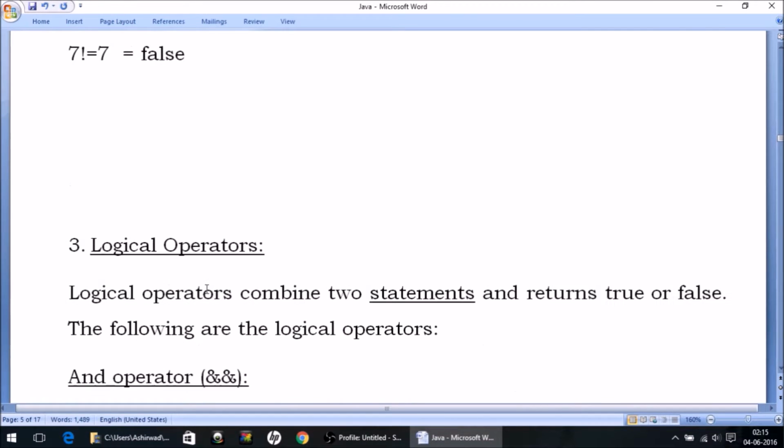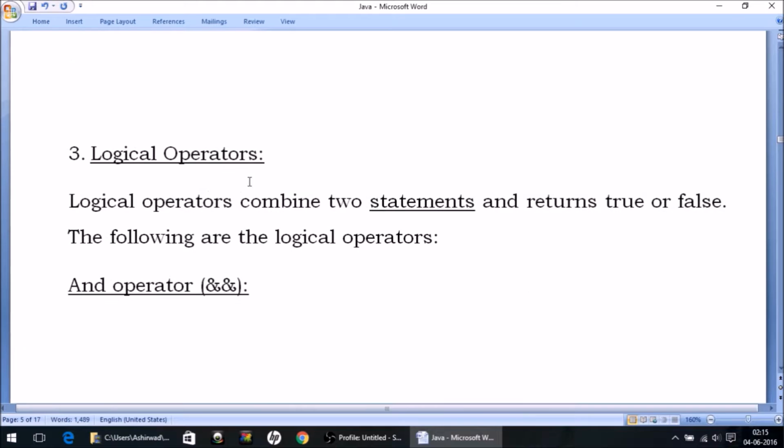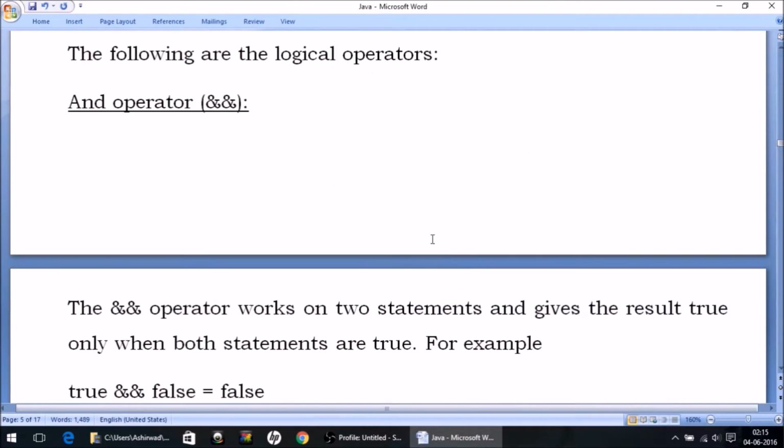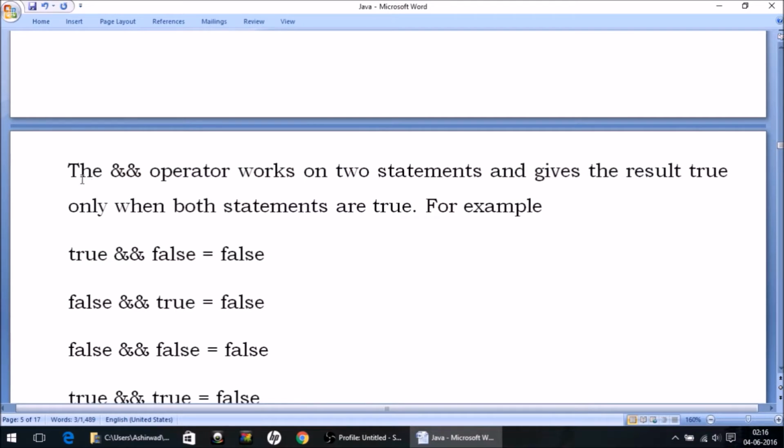So this is how we use relational operators. The third category of operators is called logical operators. It basically contains 3 operators. Let's discuss them one by one.